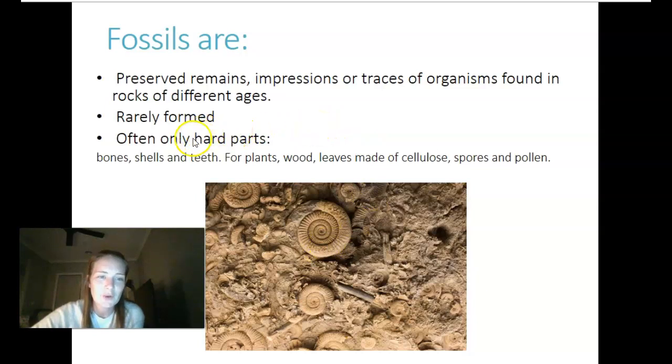Okay, so rarely formed and often only hard parts. So we don't have to worry so much anymore about those geological times and eras, but I still will refer to it for this reason. We see something very early on in the geological time scale called the Precambrian explosion.